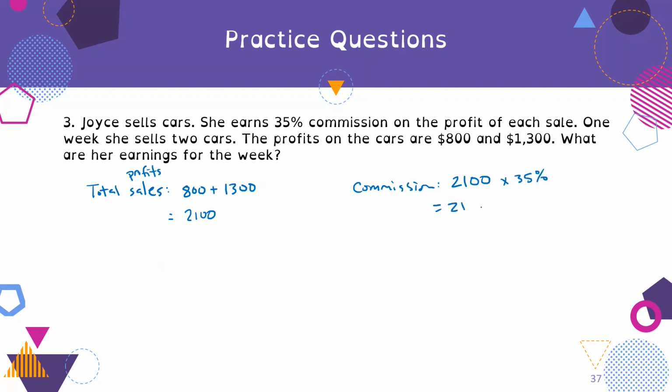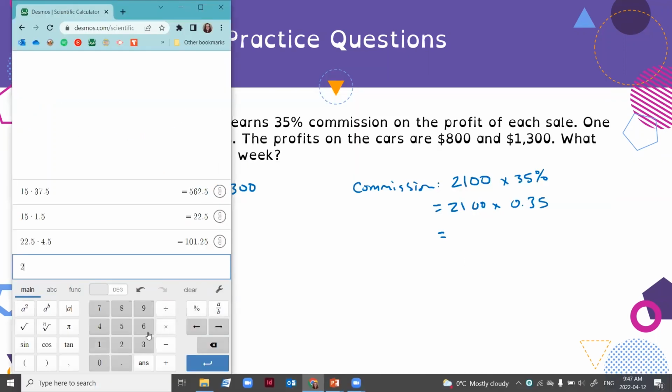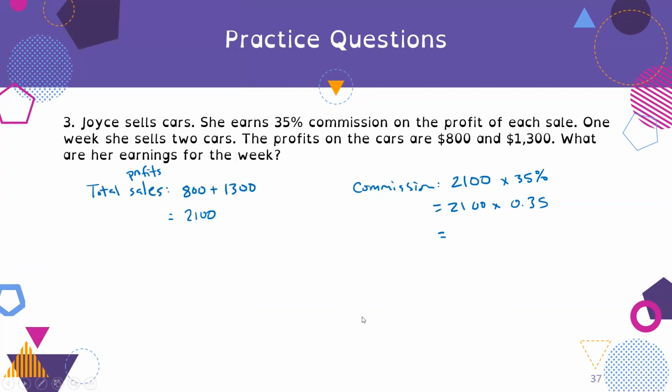So that's equal to 2,100 times 0.35, which is equal to 735. So Joyce's earnings for that week, because it seems like she just earned straight commission, are $735.